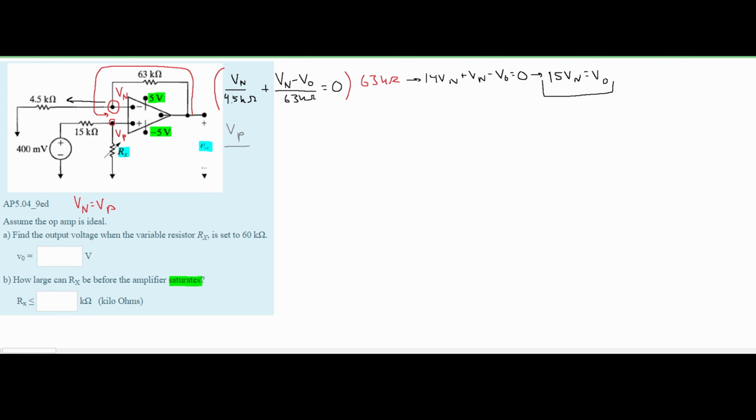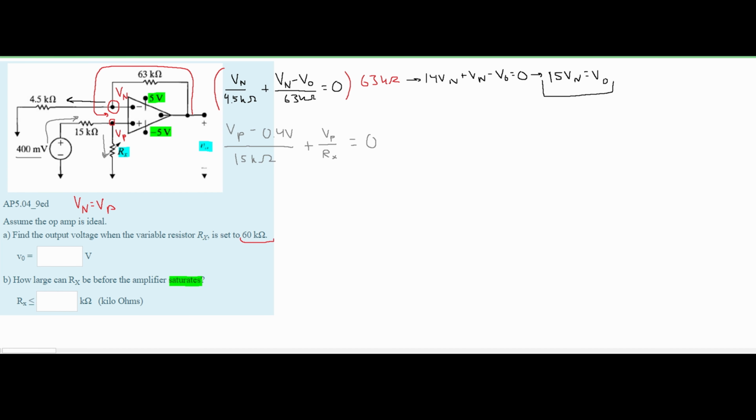That's the conversion to volts. So we'll have 0.4 volts here, and this is happening over a 15 kilohm resistor. Next, we'll have a plus Vp going down this resistor, and this is over our Rx, which is set equal to 0 because we have nothing else coming into it. So this is our equation.